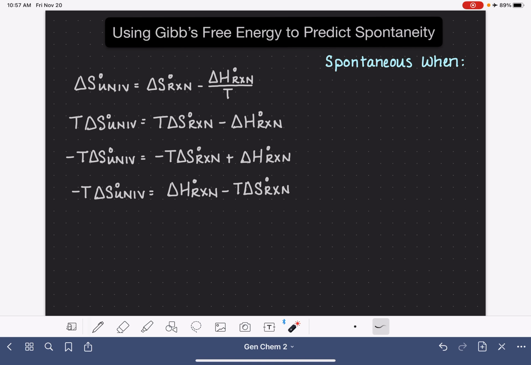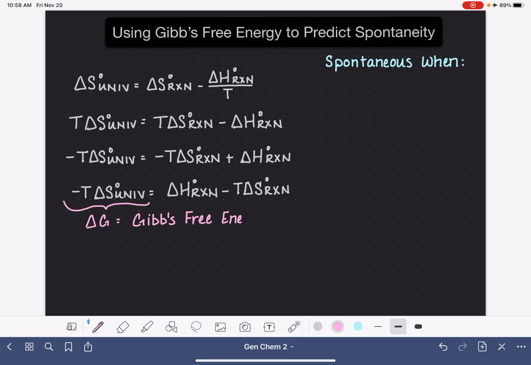Now, this left-hand side of the equation, negative T delta S universe, chemists refer to this as Gibbs free energy. It's given the symbol capital G, oftentimes delta G, because we're talking about a change. And again, this is referred to as Gibbs free energy.